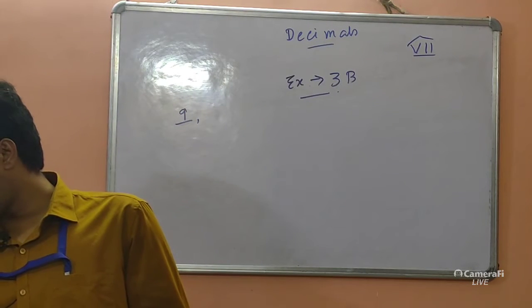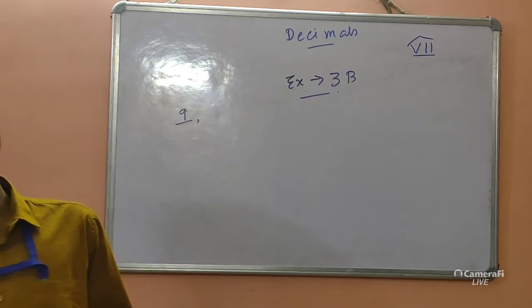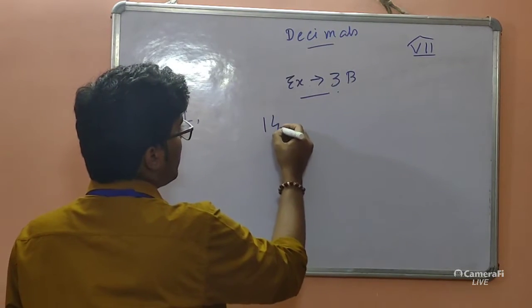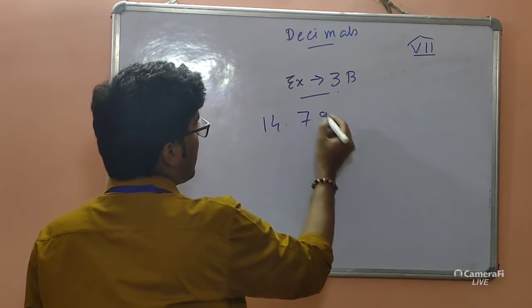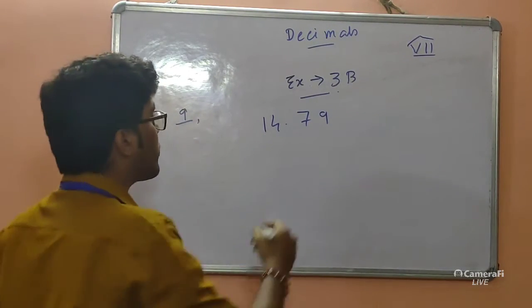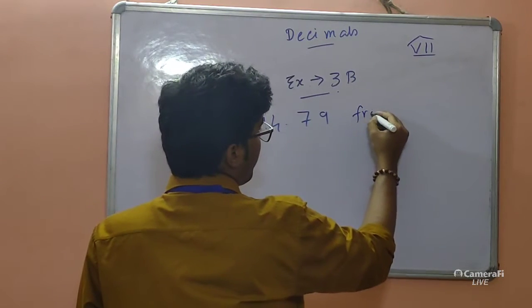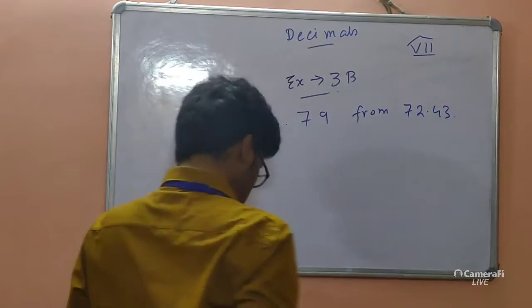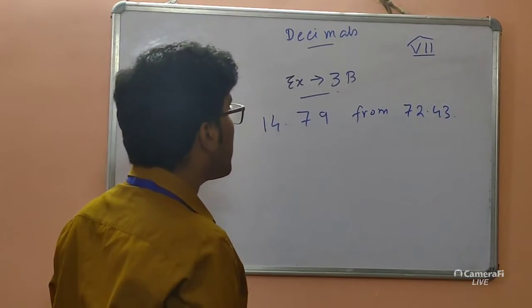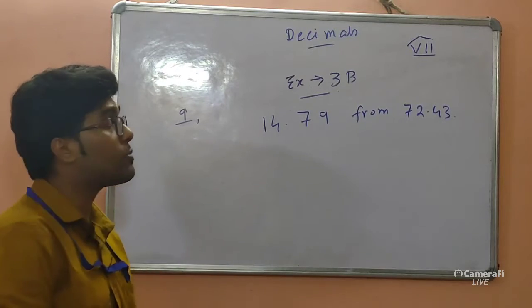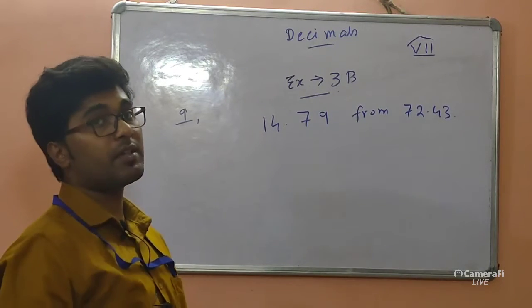So it is 14.79 from 72.43. Since this is the beginning of the subtraction portion, therefore I am showing you the procedure step by step.